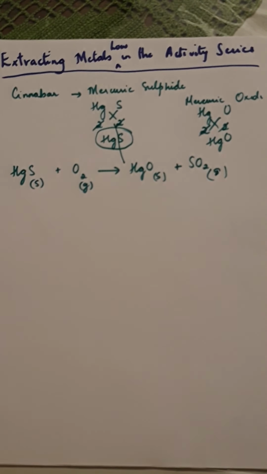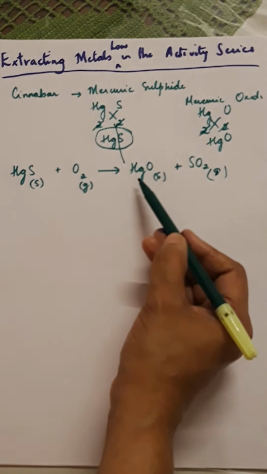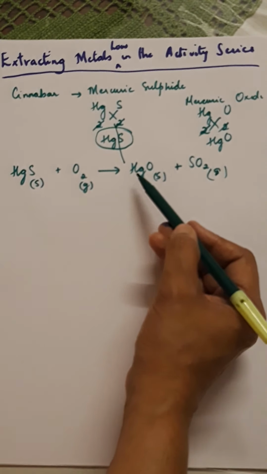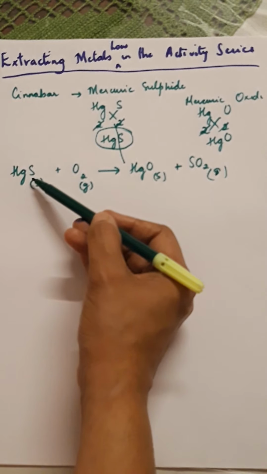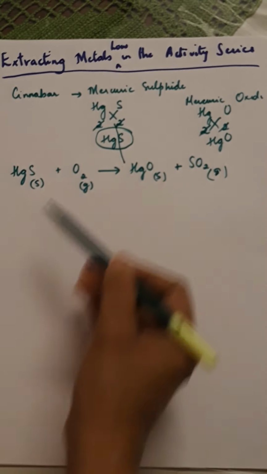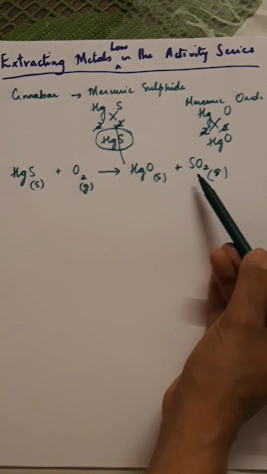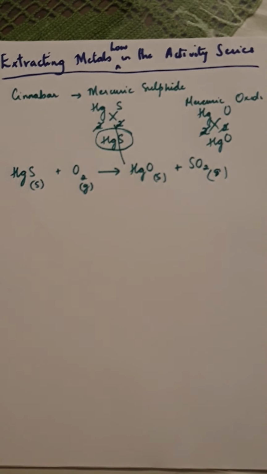Now if you look at this side, there is one mercury, Hg, on the left and one mercury on the right. On the left there is one sulfur, on the right there is one sulfur. There are two oxygens on the left, and three oxygens on the right, 2 plus 1, 3. So how do we make it equal?